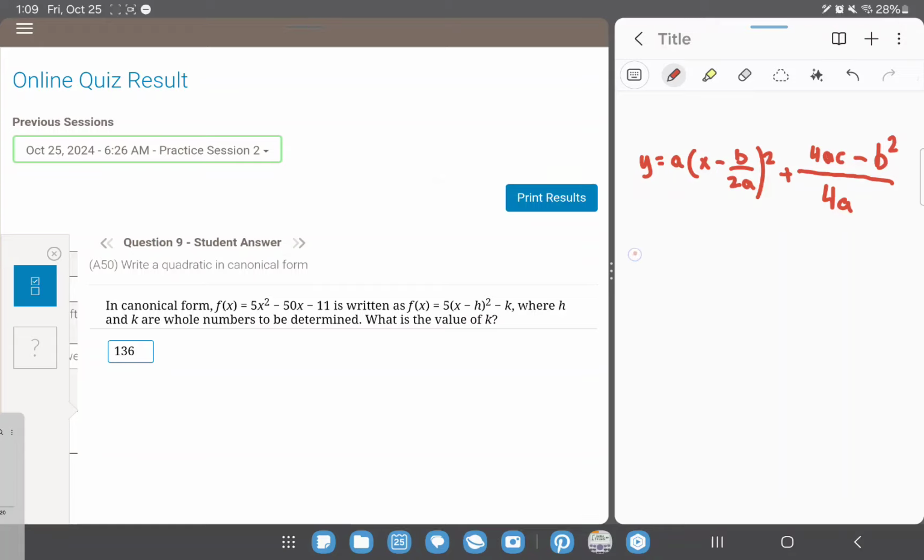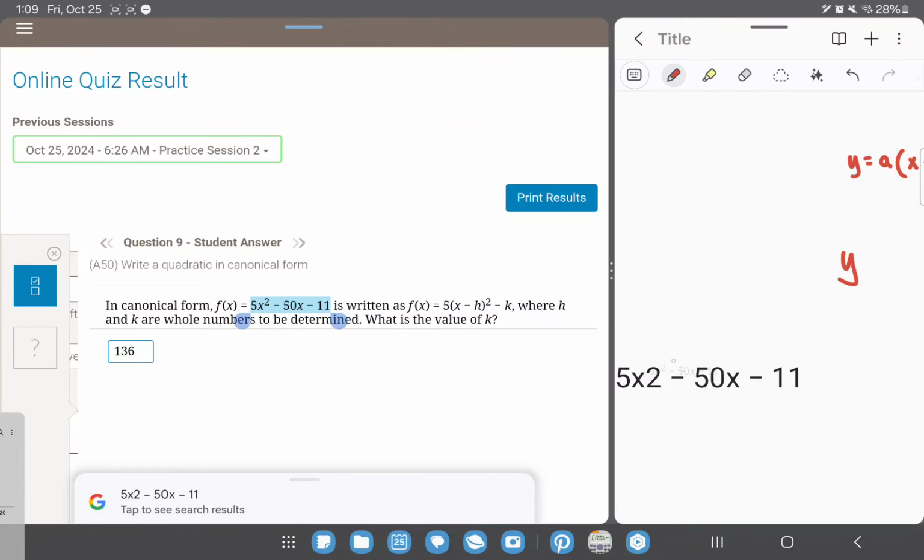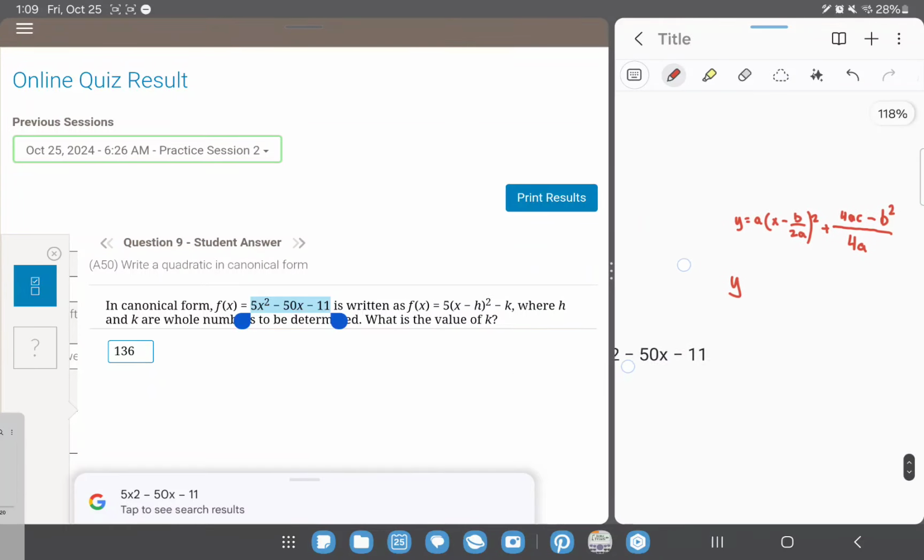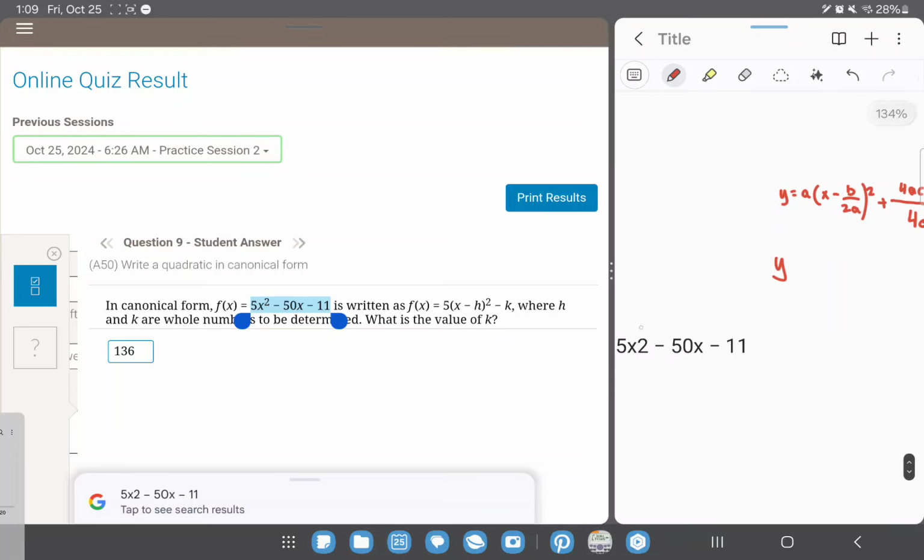So let's replace. I'm going to cover this and make it squared. This is your a value, this is your b, this is your c. So let's solve.